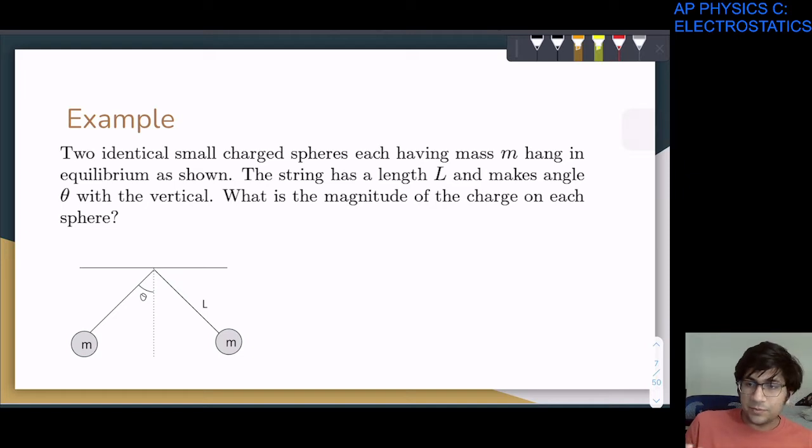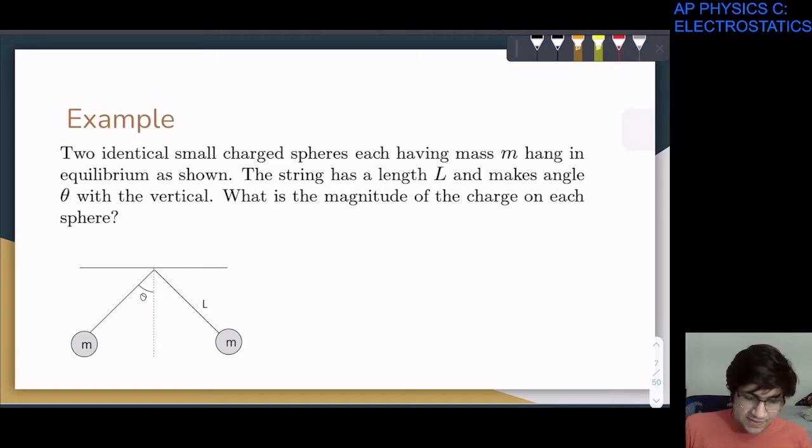Now, if you think about this intuitively, suppose that these weren't charged at all, what would happen? Well, they would just hang like this, right? But because they're both charged, they're repelling each other, and there's going to be a force of repulsion. We can find that using Coulomb's law. And why don't they just keep repelling each other all the way out to infinity?